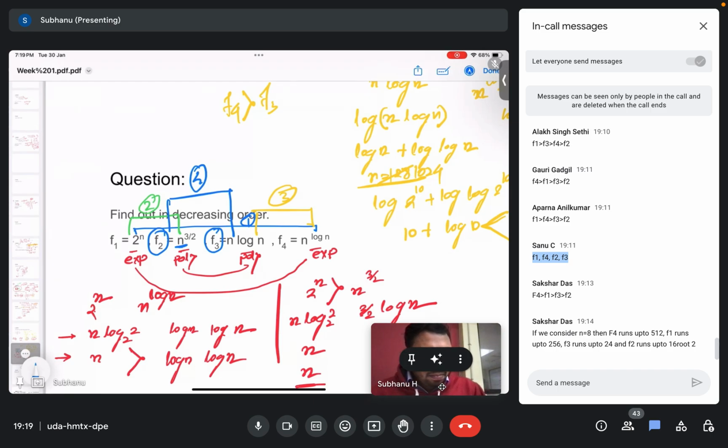So one side I have n root n and other side I have n log n. So n cancels, root n is larger, right? Between root n and log n, root n is larger.